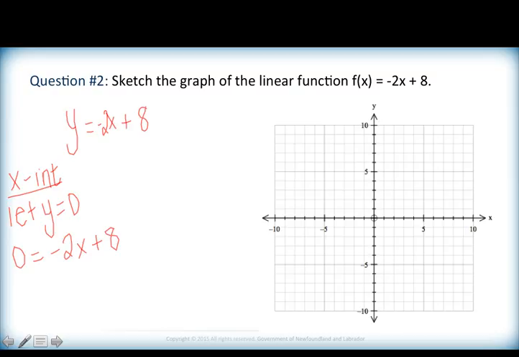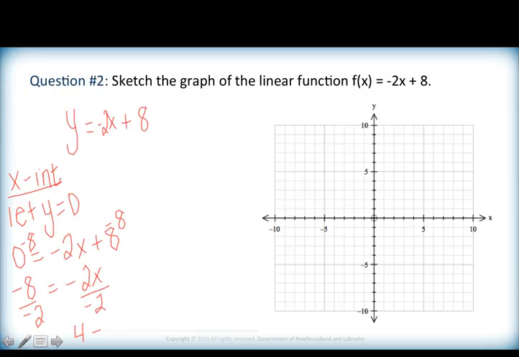So when we do that, we're going to solve for the variable x. We'll have to first subtract 8 on both sides. So it's going to give us negative 8, which equals negative 2x. We'll have to use the inverse operation and divide by negative 2 on both sides. And this will result in a positive 4.